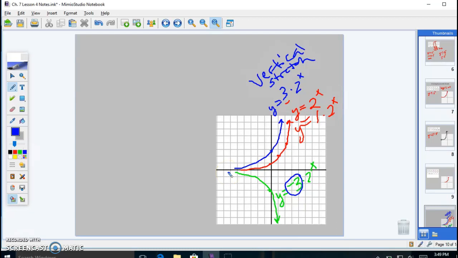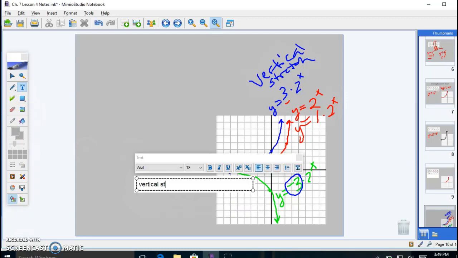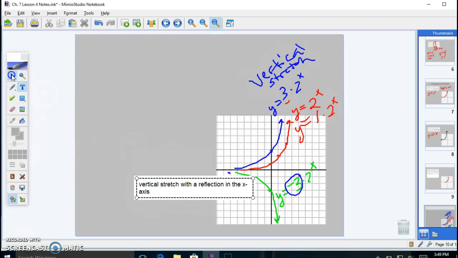This is what we call a vertical stretch also, but it is a vertical stretch with a reflection on the x-axis. So I will type that here for you. It is a vertical stretch with a reflection in the x-axis because it reflects over the x-axis.